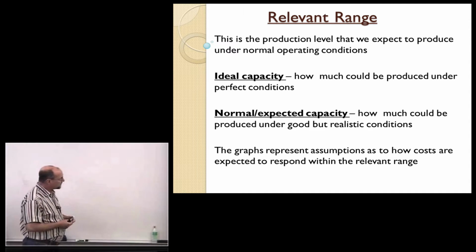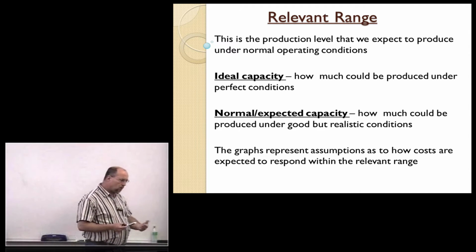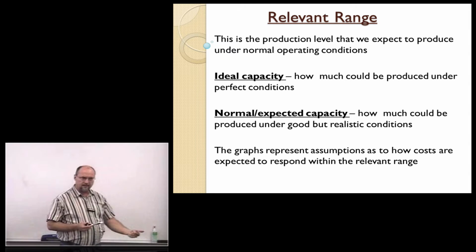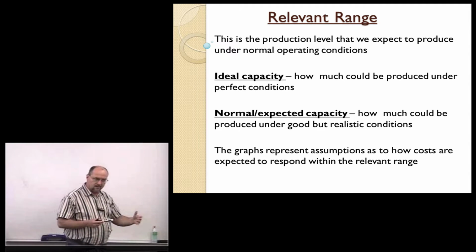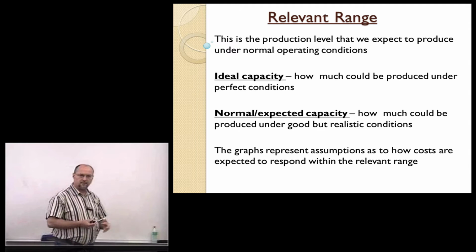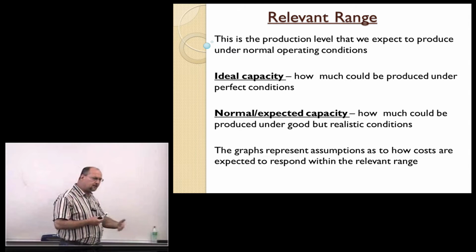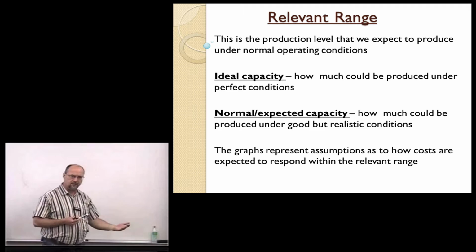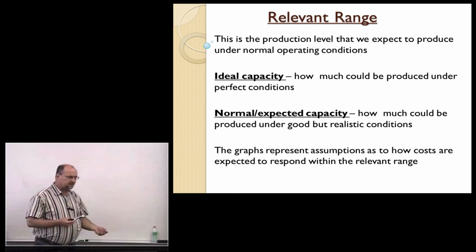And then we have normal expected capacity, when we factor in that sometimes people work a little inefficiently. Sometimes machines break down. They have routine maintenance. Maybe there's a power outage. Who knows? Maybe raw materials get jammed in the machines. But you factor in a certain amount of inefficiency. You're not justifying the inefficiency.